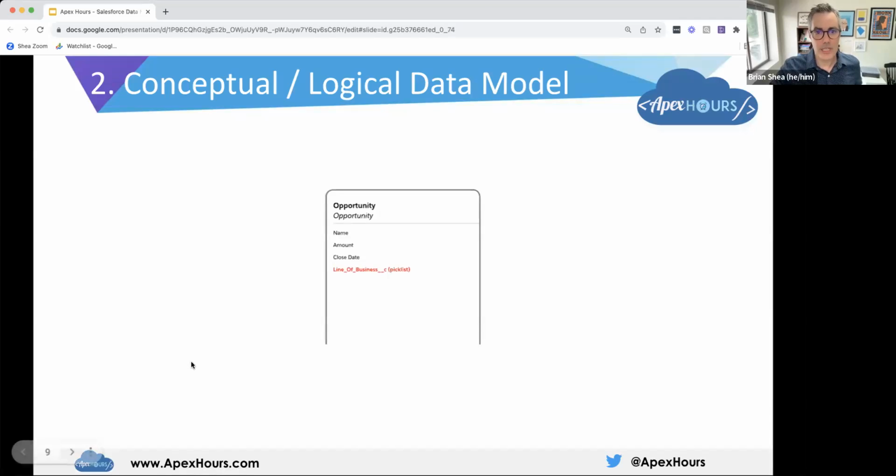And so you could see a quick solution to this is somebody just adds a custom picklist field to opportunity. Very quick. You could see a support ticket coming in, or a user story, or an enhancement request, and somebody quickly cranking that out and just adding a quick picklist.